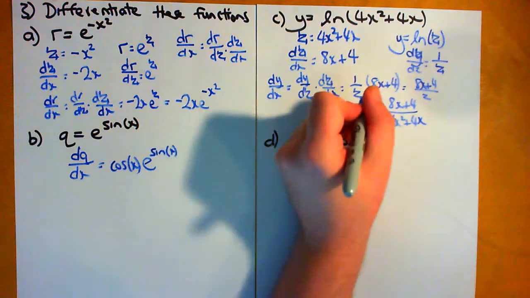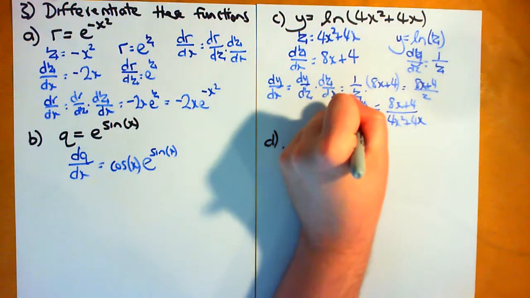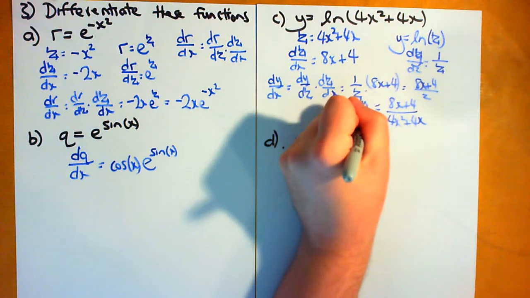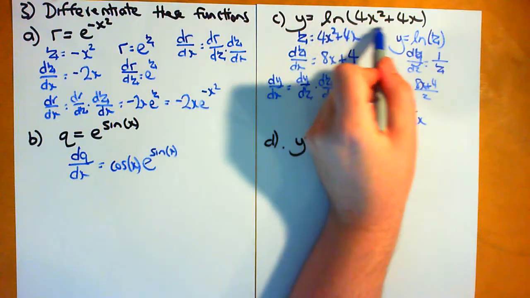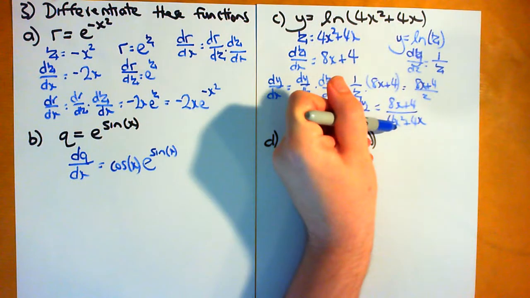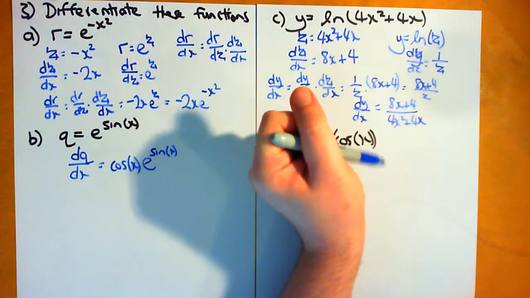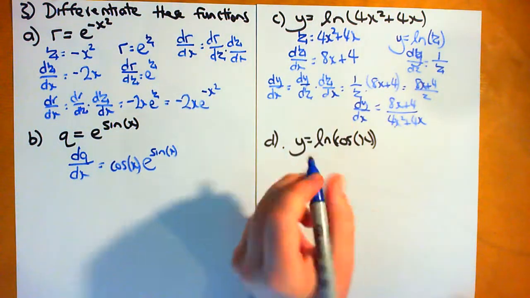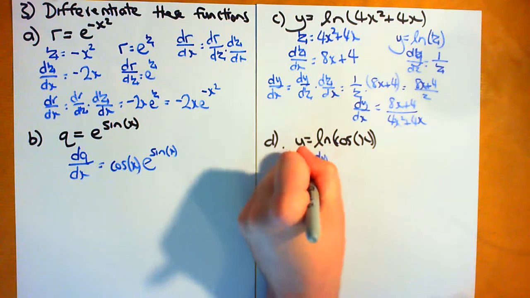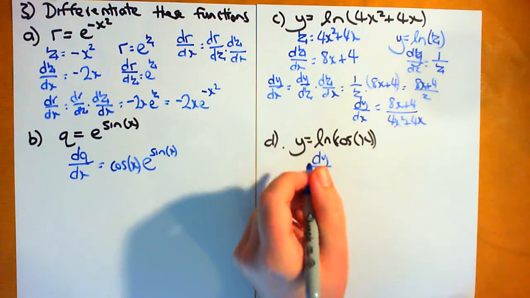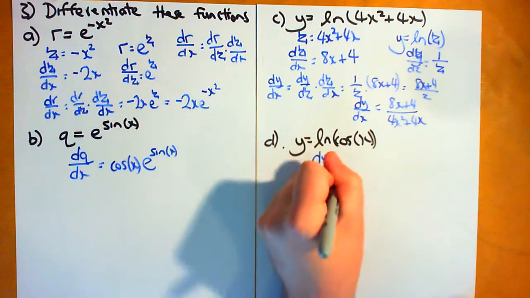So we can see a quicker way of differentiating a log function. What's inside that bracket goes on the bottom. Differentiate the inside of that bracket and that goes on the top. So let's use that rule to differentiate d, which is the log of cosine of x.